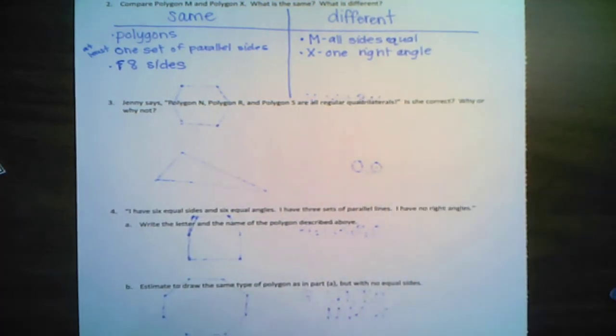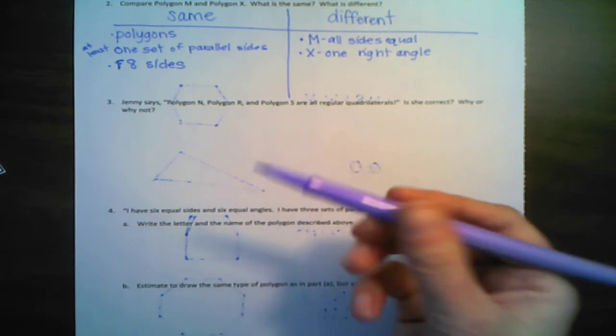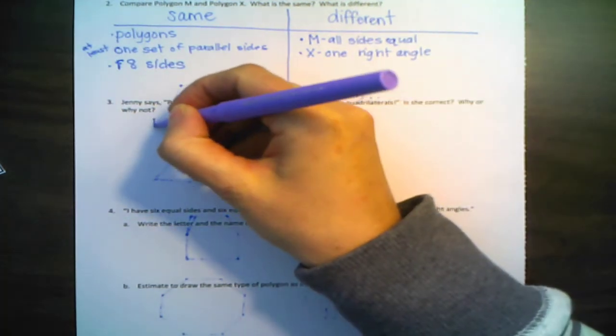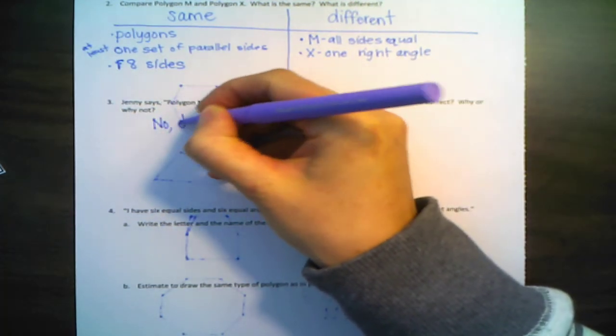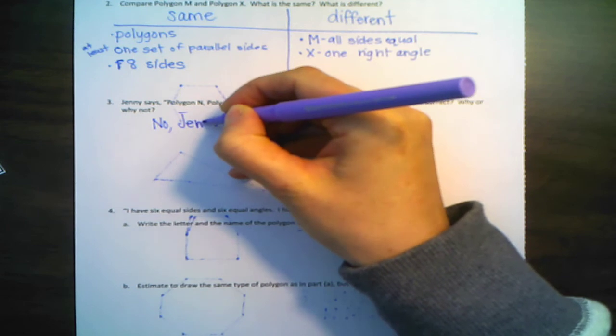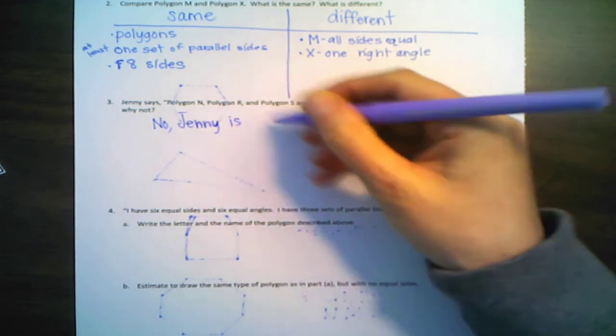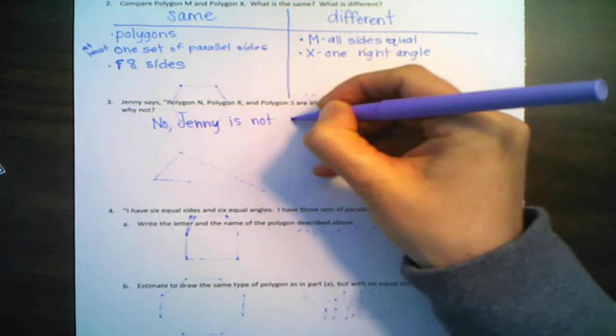So when it's asking, is she correct? We can say she is not. Oops. Sorry, Jenny. So let's write. No, Jenny is not correct.